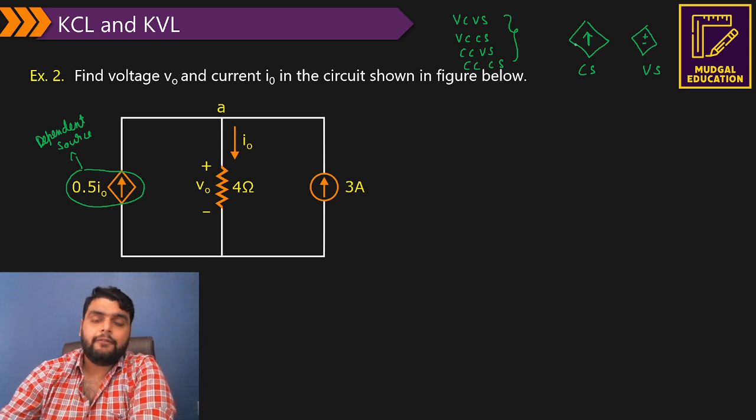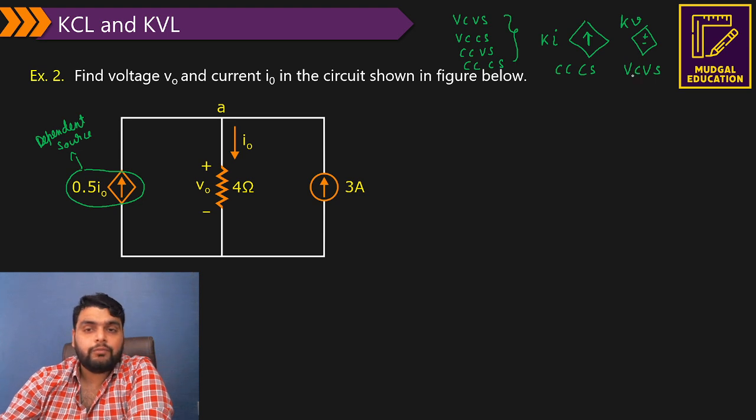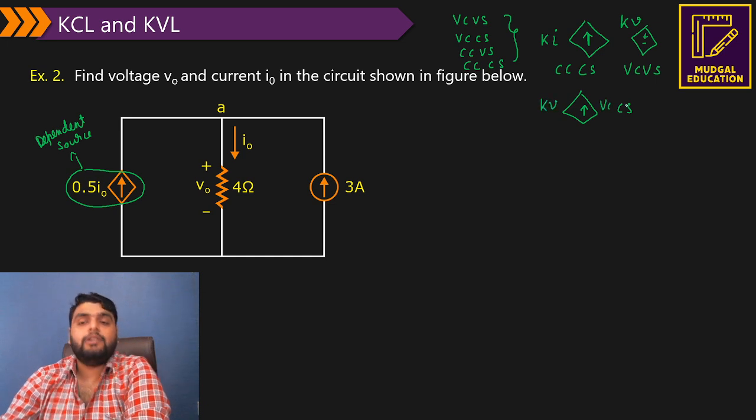If the magnitude is given in terms of current, it is current control. If the magnitude is given in terms of voltage, it is voltage control. Similarly, suppose this is a voltage source and the magnitude depends on voltage, so it becomes a voltage control voltage source.